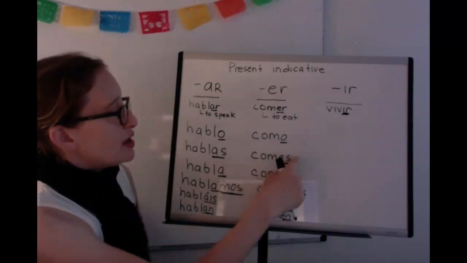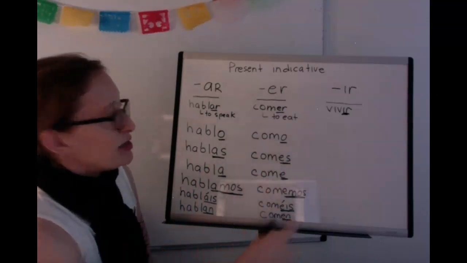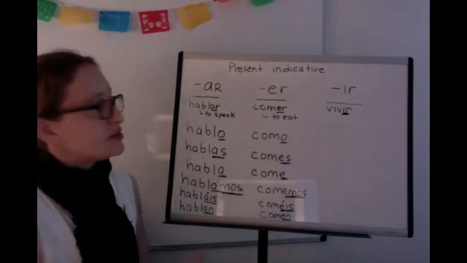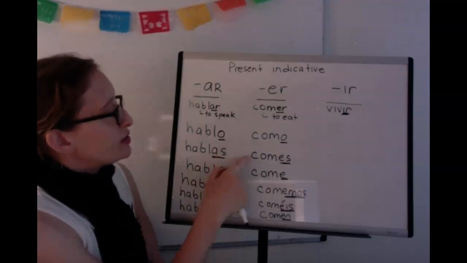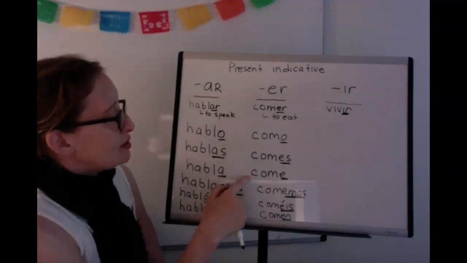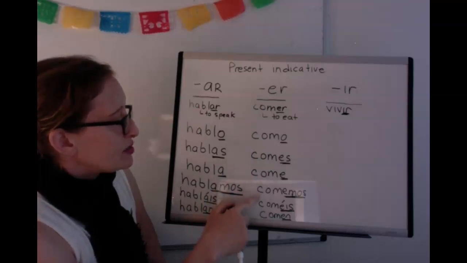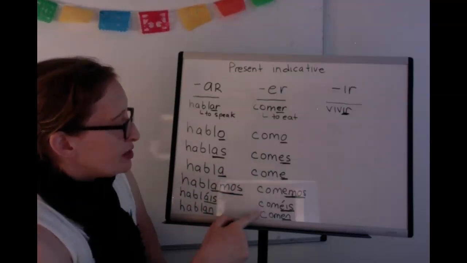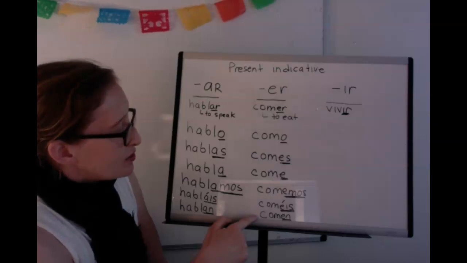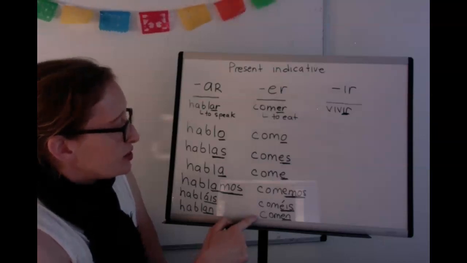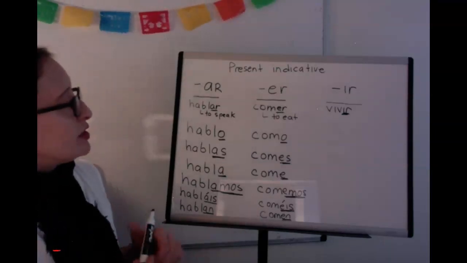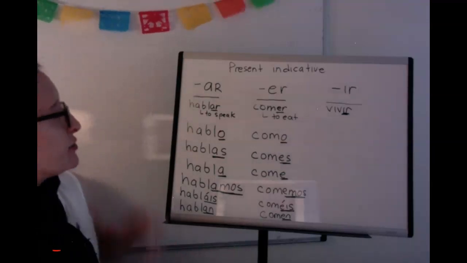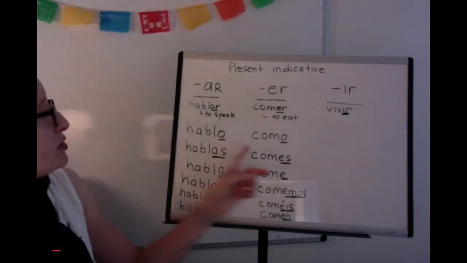So we have o, es, e, emos, éis, en. So we have I eat, you eat, he eats, we eat, you all informal eat, they or ustedes, you all eat. So you can see that they're sort of similar to the AR.